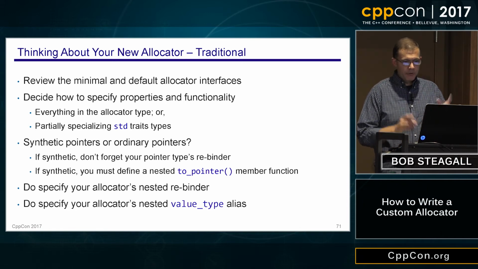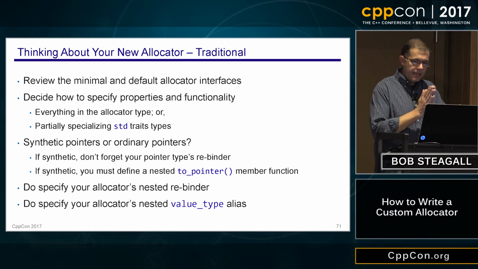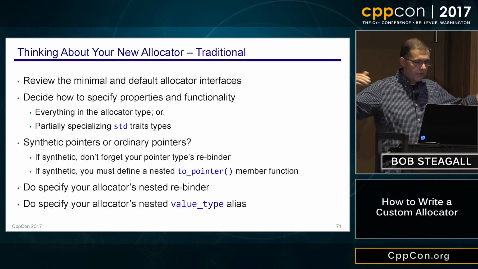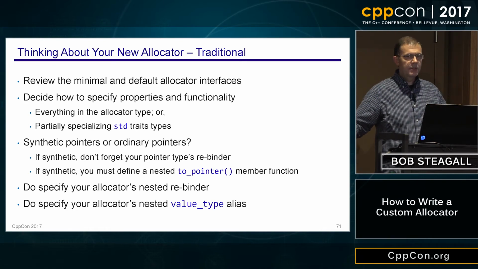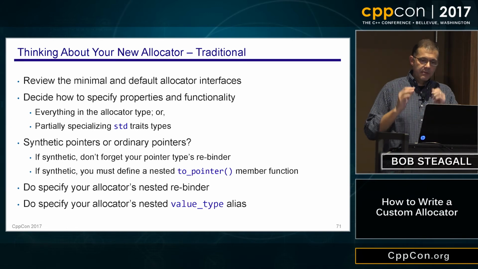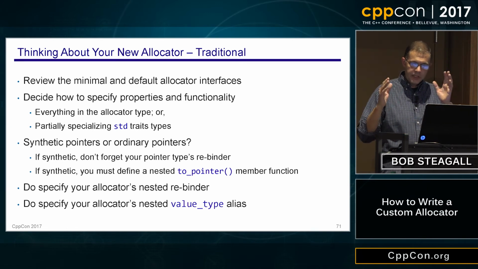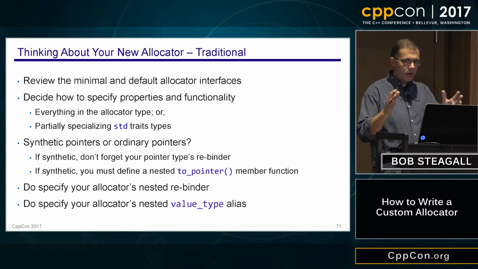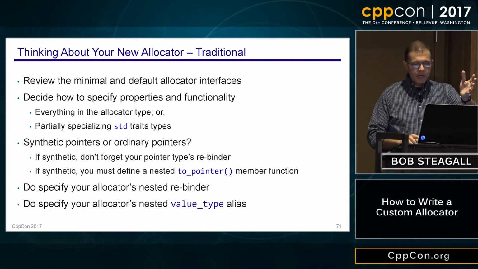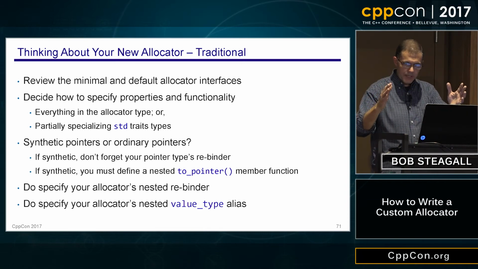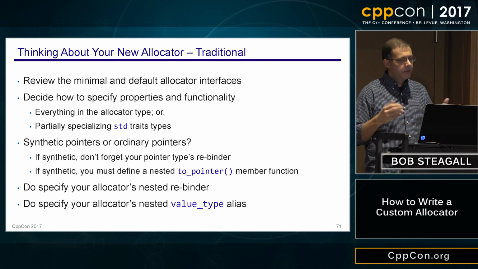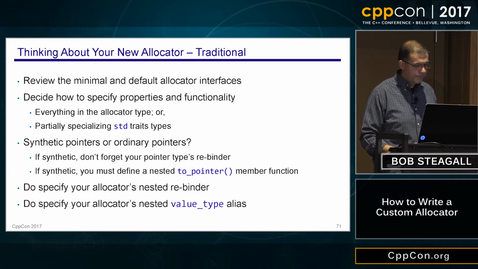Like I said, if your synthetic pointer is such that it can consistently cover the entirety of the address space, then it's easy. If the semantic of your synthetic pointer is such that it's only applicable over a small part of your address space, then you need to think about what to do if you want to take a pointer to something that's not part of that little segment. What does that mean? You've got to decide that for yourself.